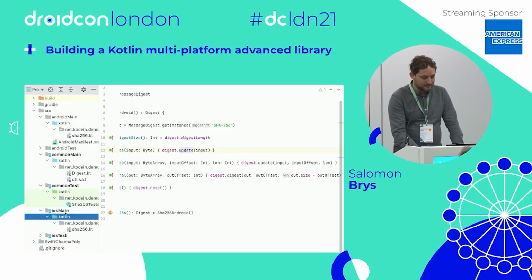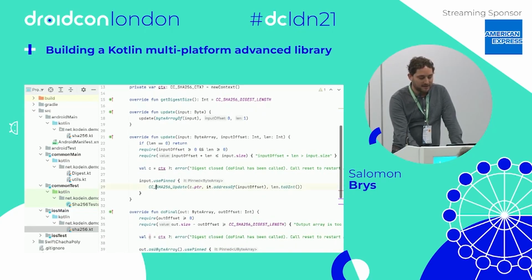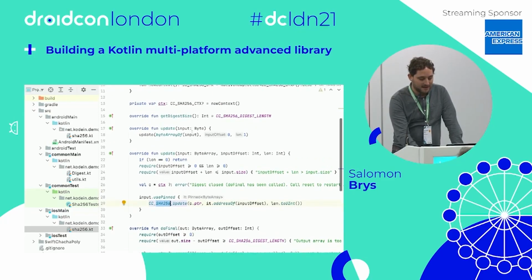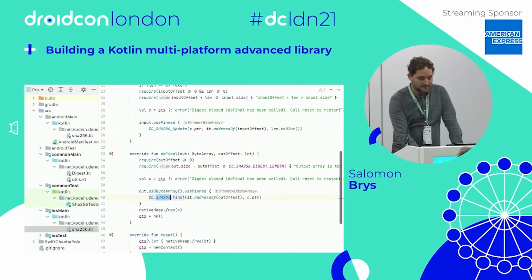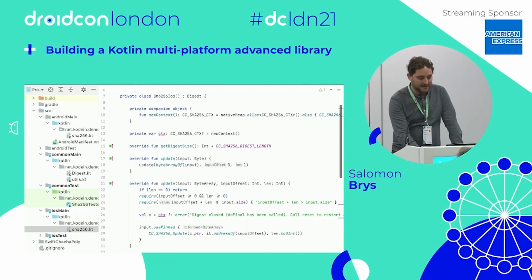On the iOS side, what's more interesting is that we are using the iOS Objective-C API directly in Kotlin, just like I've shown you. So I can call SHA-256 update, I can call SHA-256 final, I can reset, I can free the context, I can allocate it here, and all of that makes for a working SHA-256 implementation that uses the API provided by Objective-C, by iOS, without ever writing a line of Objective-C.